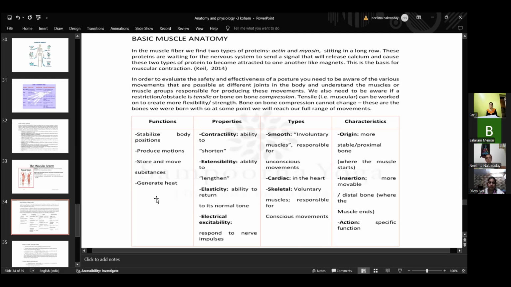So there are 2 points where they start and where they insert, or are attached to bones. They are stable and very fixed to that specific bone. Where they start is called origin, and where they insert is called insertion, on the distal part of the bone. And their functions are muscle contraction, movement of body, locomotion of body.